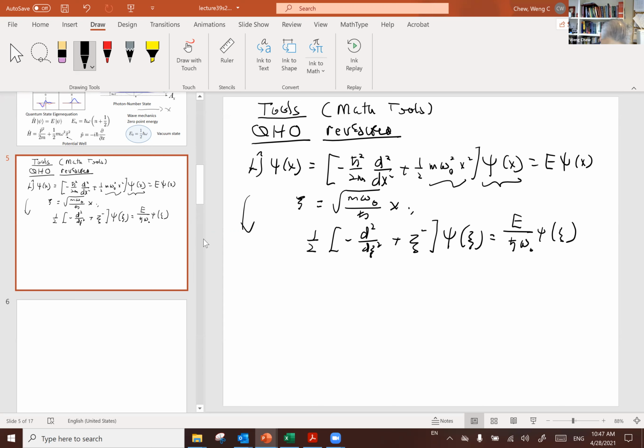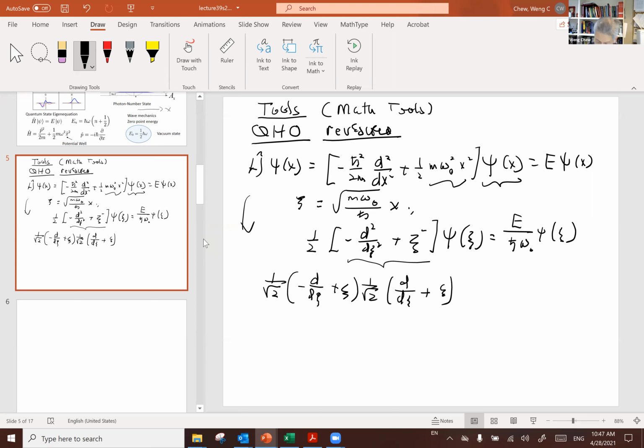Also, the form of this suggests that maybe I can do some factorization. It turns out that if we were to look at this factorization, minus d/dxi plus xi, and then 1 over root 2 times d/dxi plus xi.